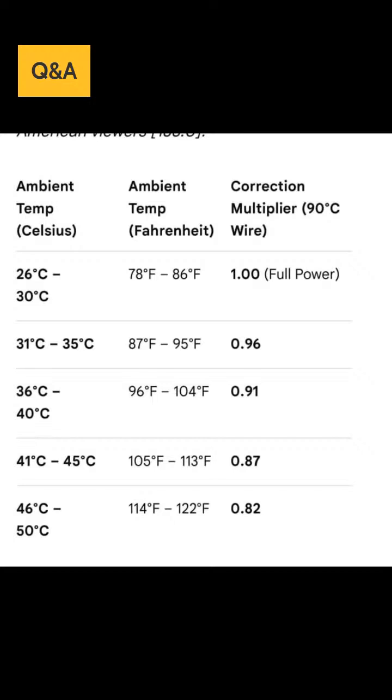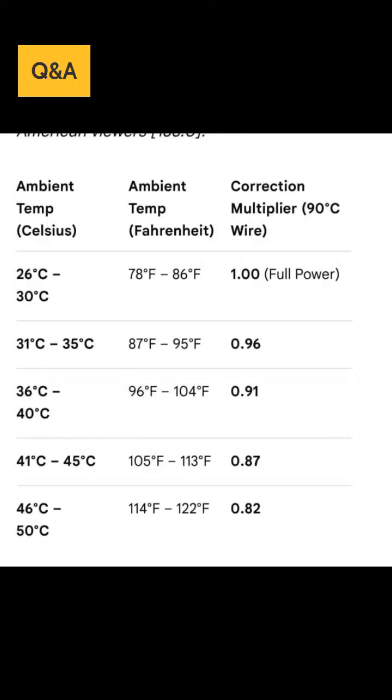So these are the tables here. They list the ambient temperature and the correction multiplier for 90 degree Celsius wires. 26 to 30 degrees Celsius, 78 to 86 Fahrenheit; 31 to 35 degrees Celsius, 87 to 95 Fahrenheit, multiplier 0.96; 36 to 40 Celsius, 96 to 104 Fahrenheit, 0.91 is the correction multiplier. 41 to 45 degrees Celsius, 105 to 113 Fahrenheit, the multiplier is 0.87.